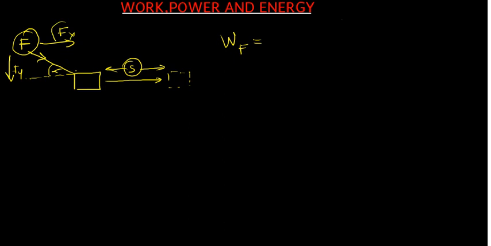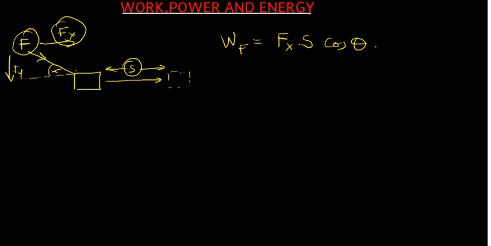So the x component is the component which is in the direction of the displacement. Therefore the work done by the force will be the x component of the force multiplied by the displacement, and then cosine the angle theta.